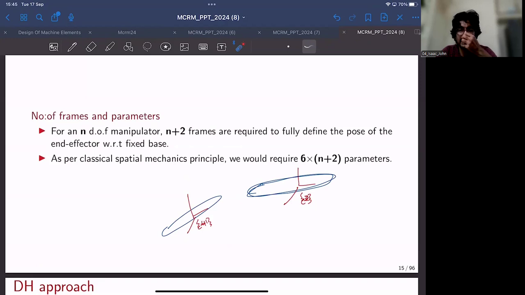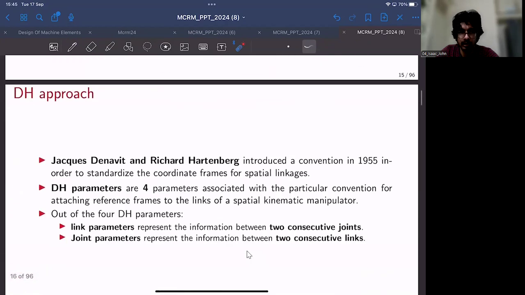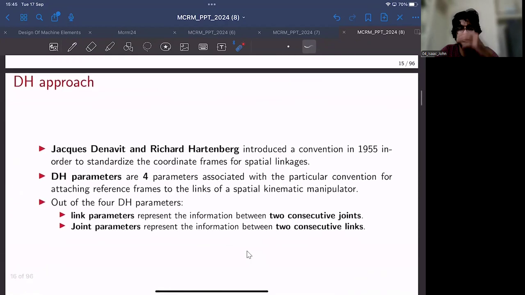And transformations about the y axis are not being taken into consideration. So just by using only 4 parameters, you will be able to identify the configuration between 2 frames of reference instead of the usual 6. So that is where these DH parameters come in. As I mentioned earlier, there are 4 parameters.